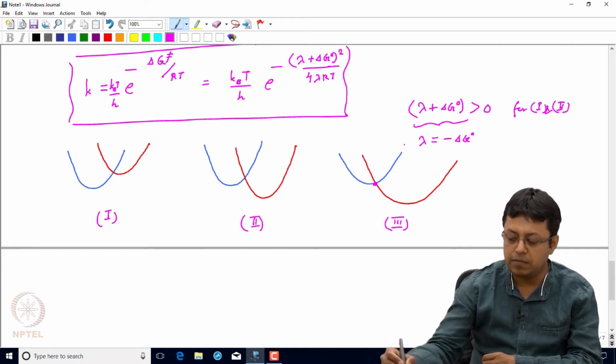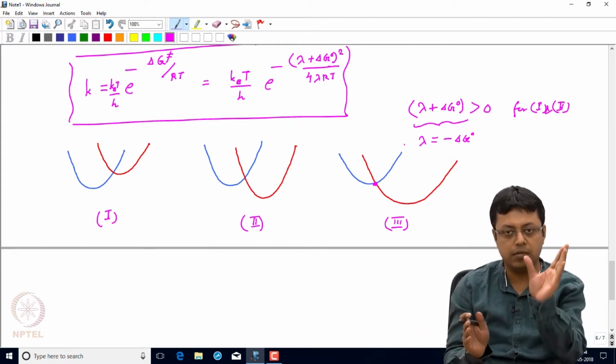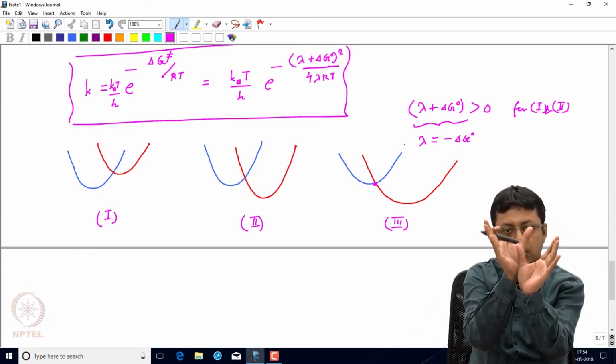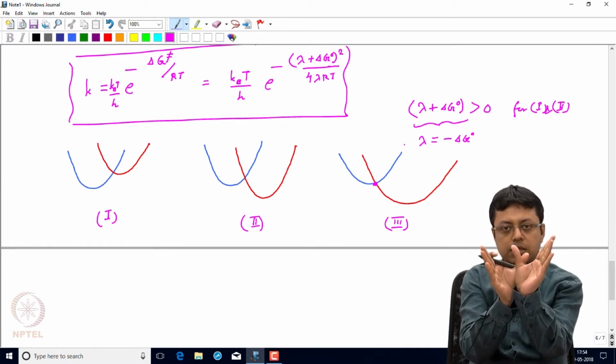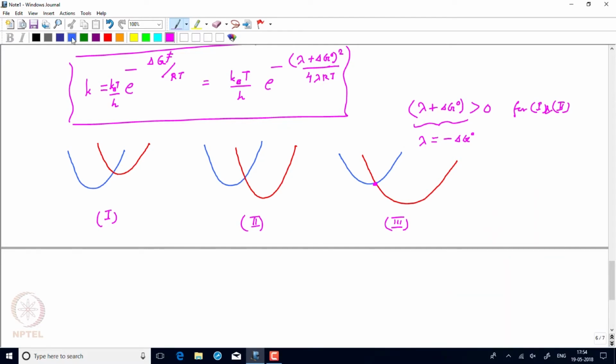And then if I move this parabola, what I'm doing in this drawing is that I have a donor parabola and I have an acceptor parabola. So as if I started the acceptor parabola here, and then I'm moving it down. If I move it further down, basically I'm increasing the delta G0 further, then I'll hit a very interesting situation like this, because I'm moving down the red parabola.